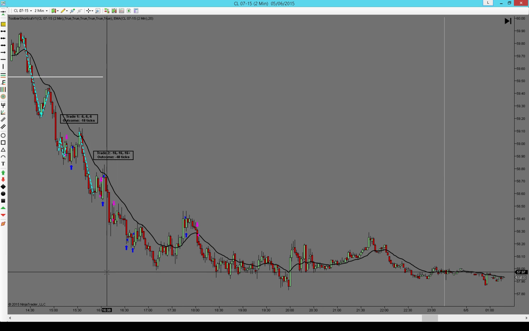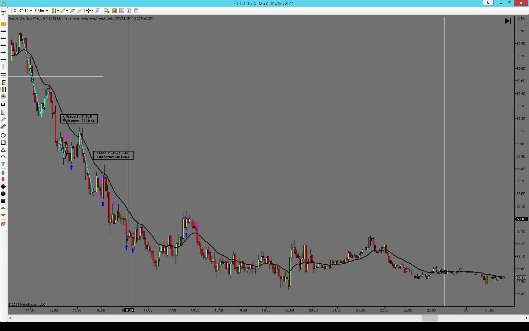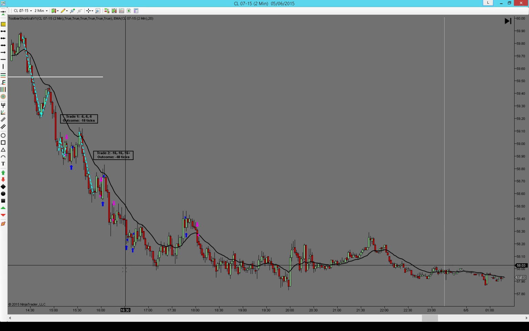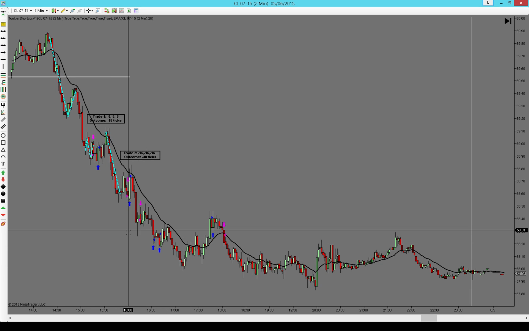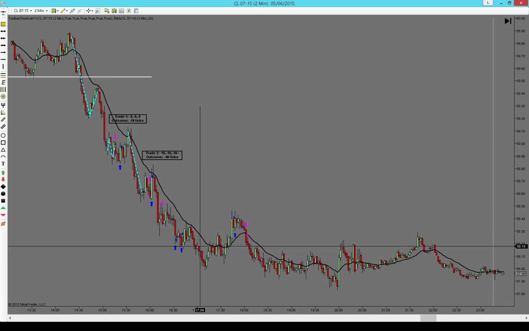Had my last target sitting at exactly 57.99, but was stopped out here at 11 ticks. There was no follow through here on this candle.